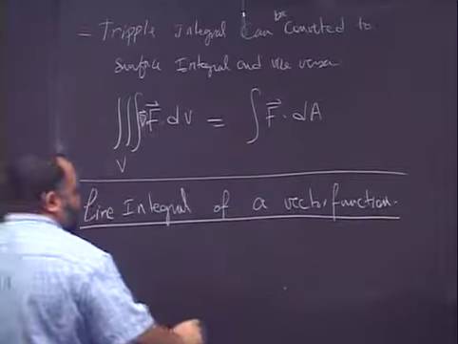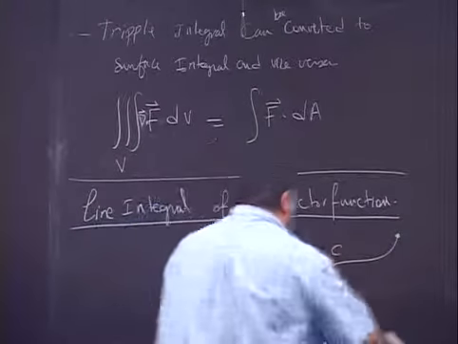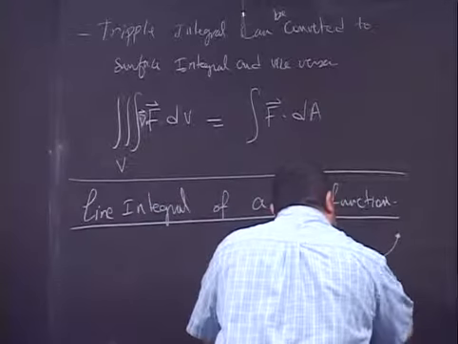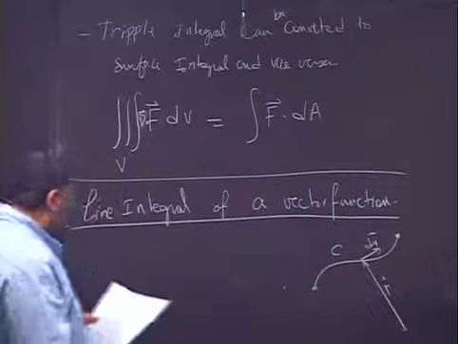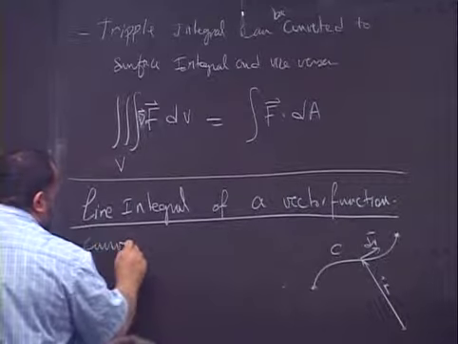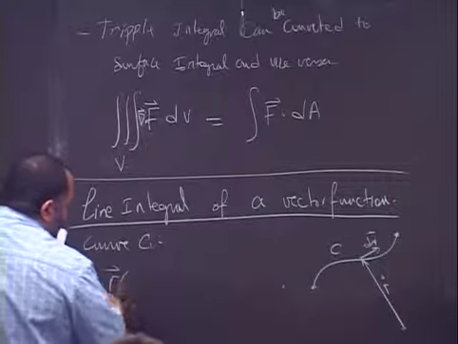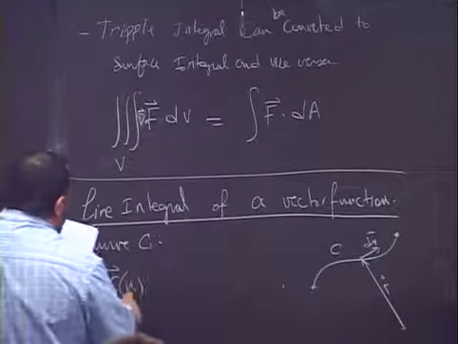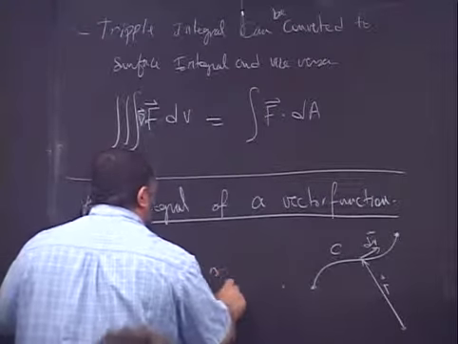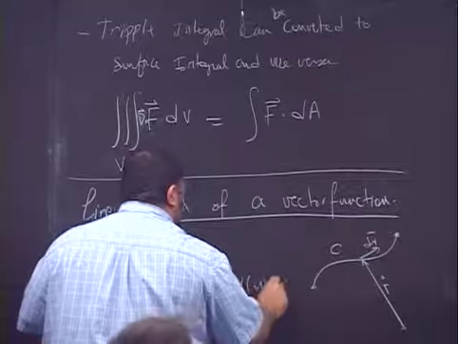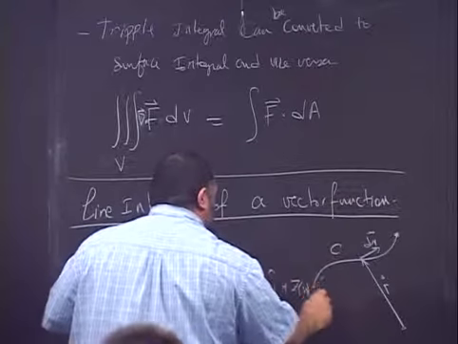Let's assume that we have a curve C, and I have a position vector pointing to R from origin O. This curve C is given parametrically by R as a function of the parameter u, and it has three components: x(u) in the i direction plus y(u) in the j direction plus z(u) in the k direction.